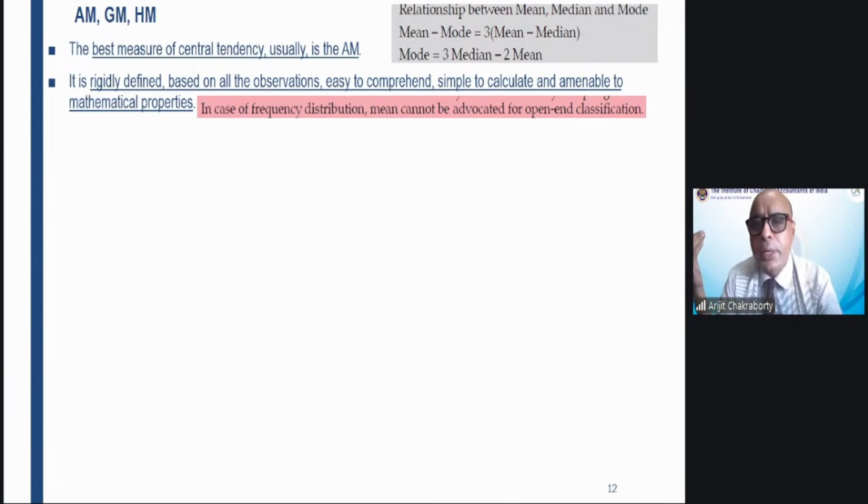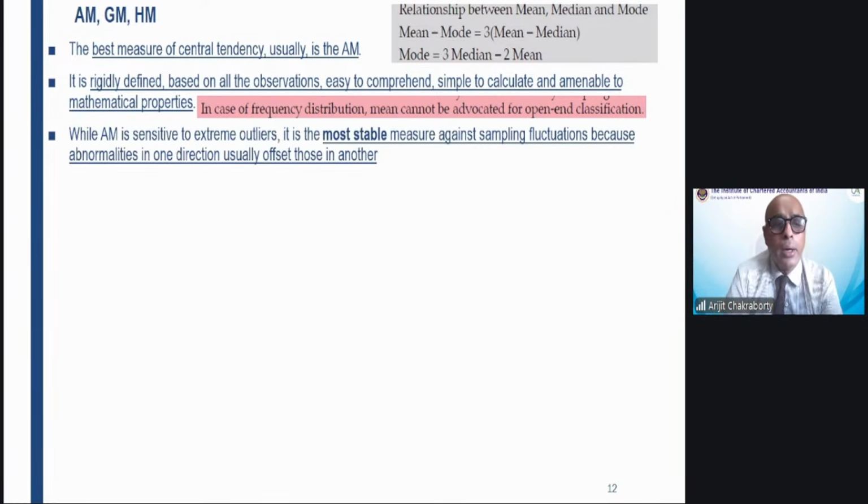So in case of open-end classification, or extreme values, median will not be affected. Arithmetic mean is extremely sensitive to outliers, which is exactly what I was mentioning, extreme values. Still, it is the most stable against sampling fluctuations.